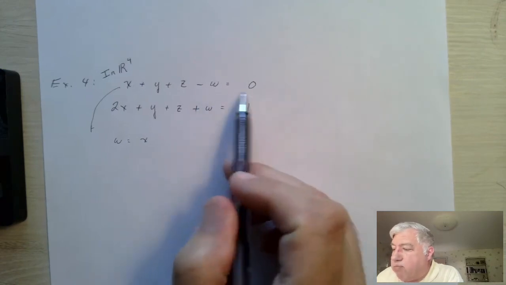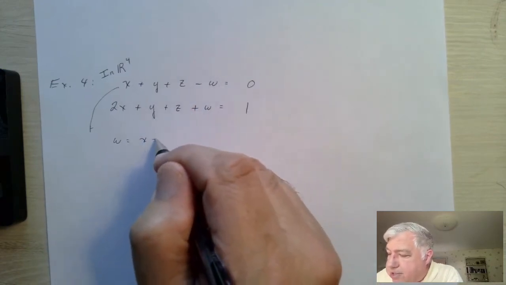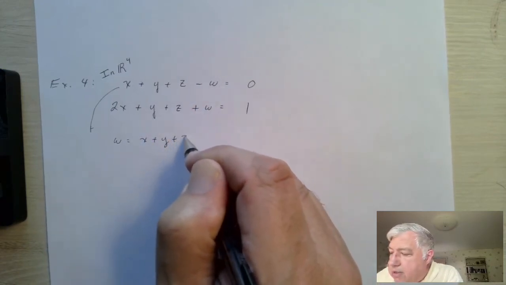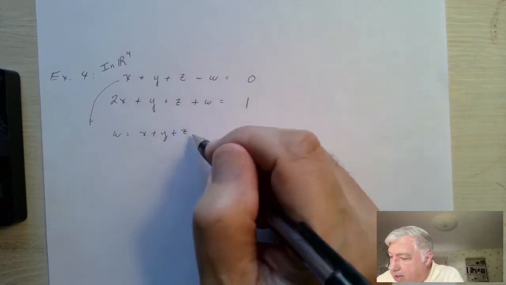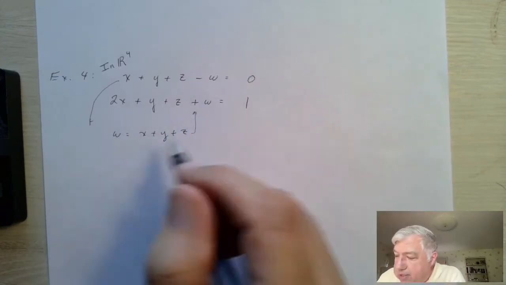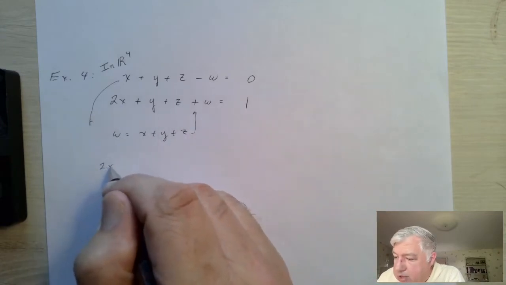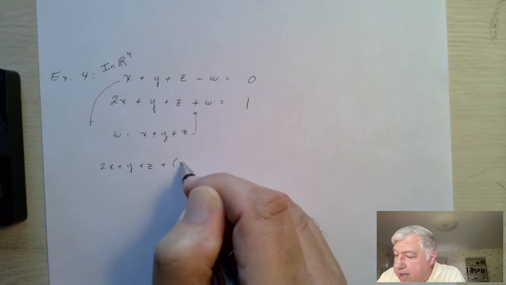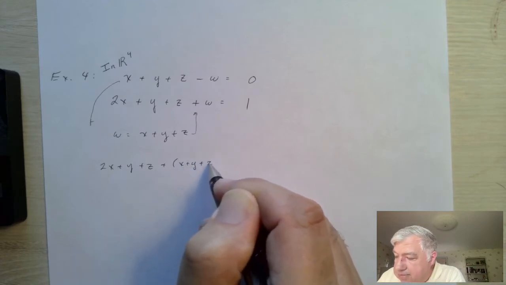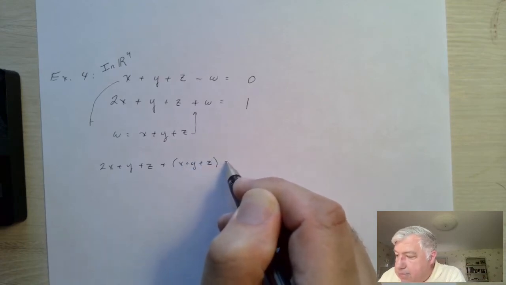You basically add w to both sides of the first equation and get w is equal to x plus y plus z, and then plug that into the second equation, and we will get 2x plus y plus z plus x plus y plus z equals 1.